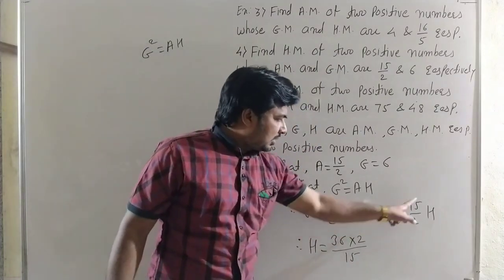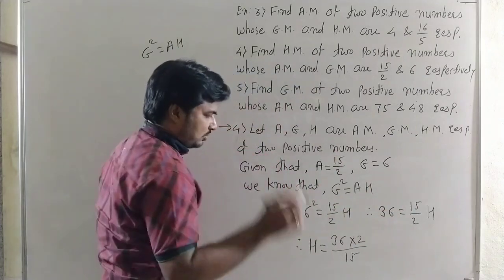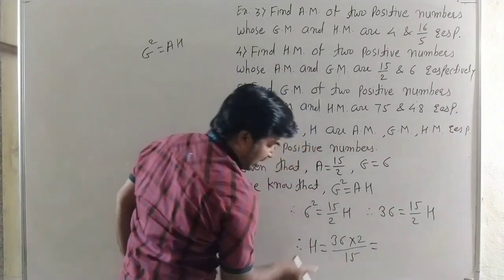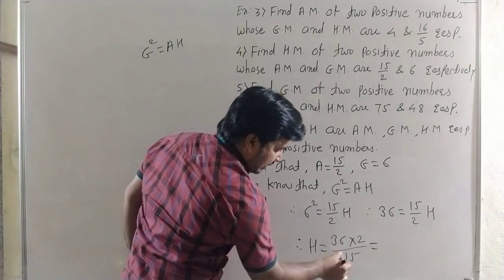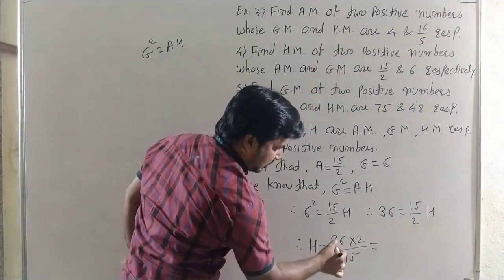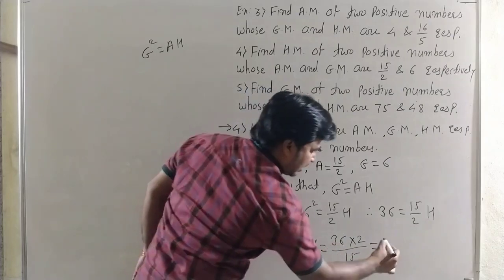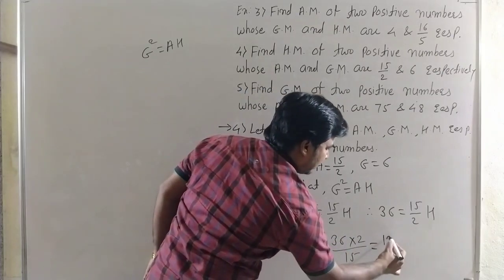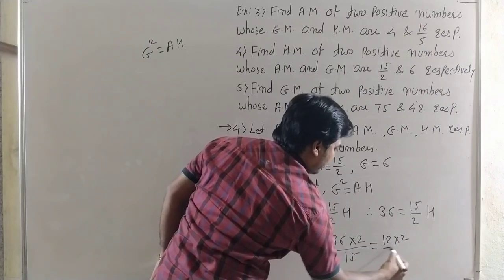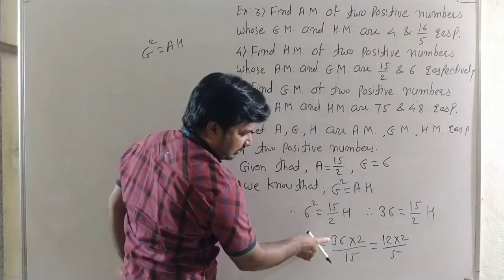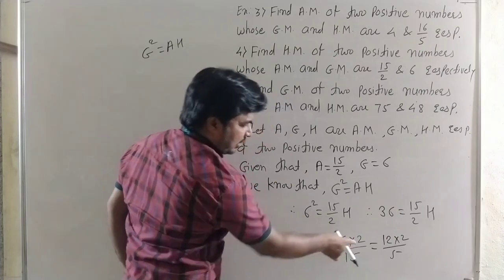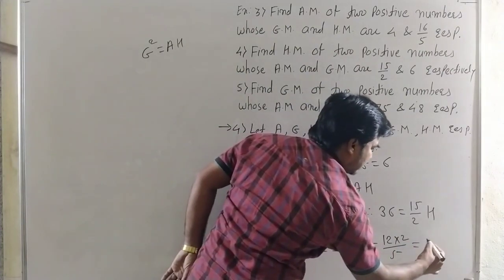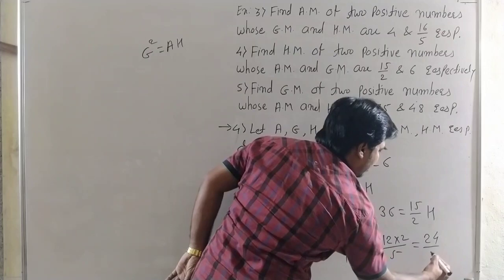Here 2 is in the multiplication and 15 in the division, so take the calculation. Here it is 36 and 15. Okay, we divide by 3. When we divide by 3, we get 12 into 2 upon 5. Here we get 12, here we get 5, and it is into 2, and therefore the last answer is 24 upon 5.